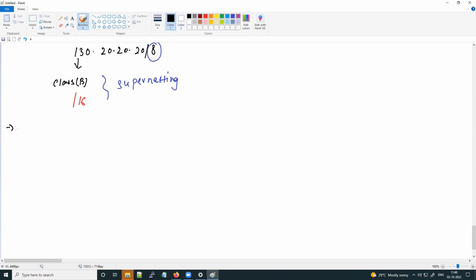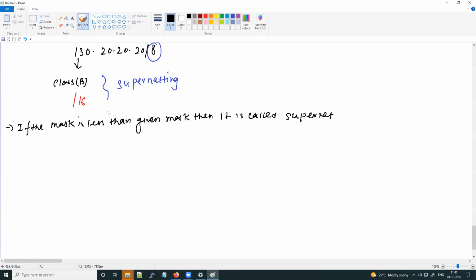If the mask is less than the given mask, then it is called a supernet. What is the given mask here? /16, but what we have is /8.